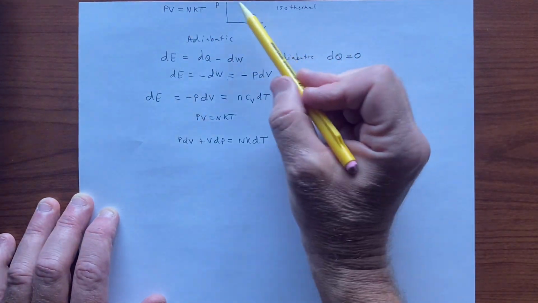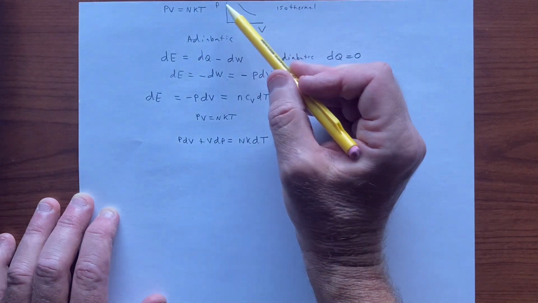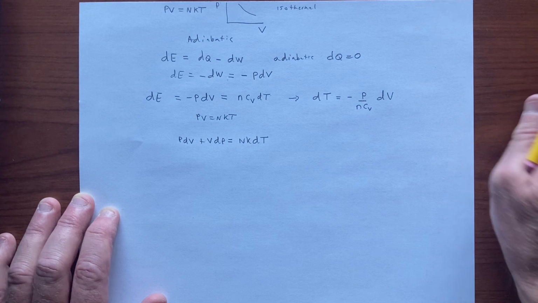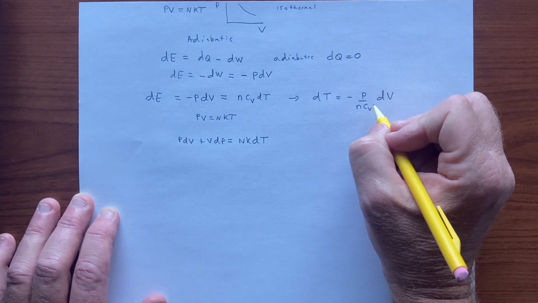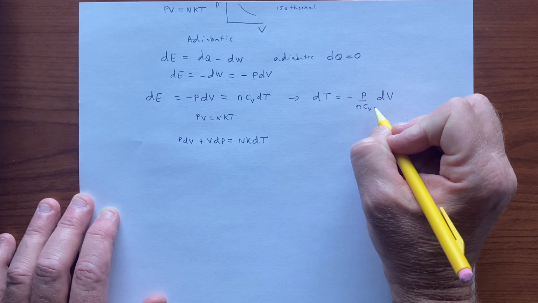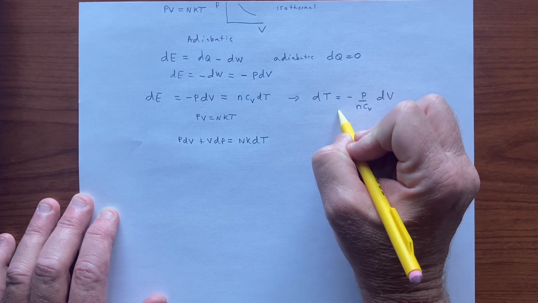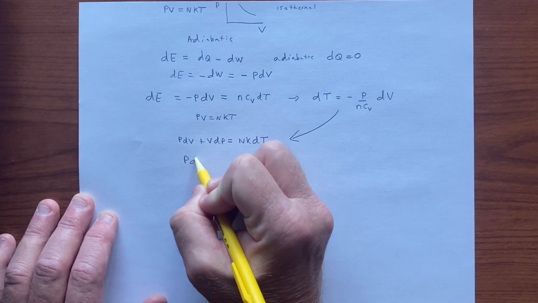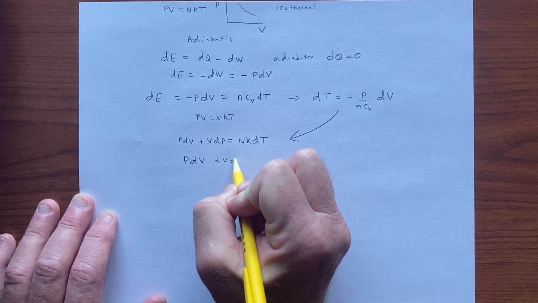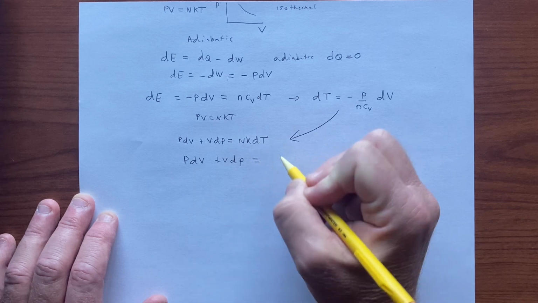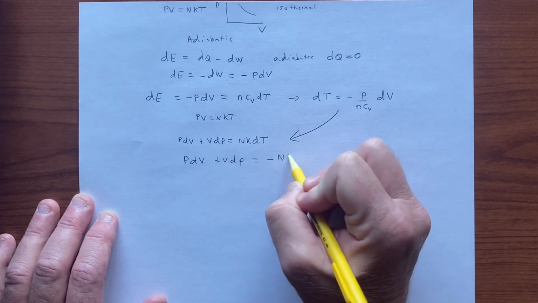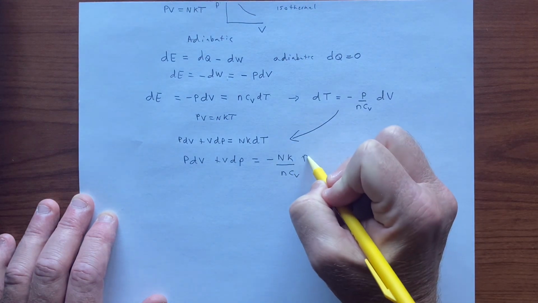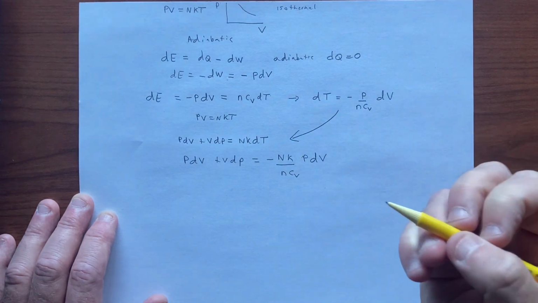I'm trying to get a relationship between P and V to get a sense of how P and V change. What is the path in the PV diagram for an adiabatic process? So I put this into this expression and end up with P dV plus V dP is equal to minus Nk over NCv P dV.